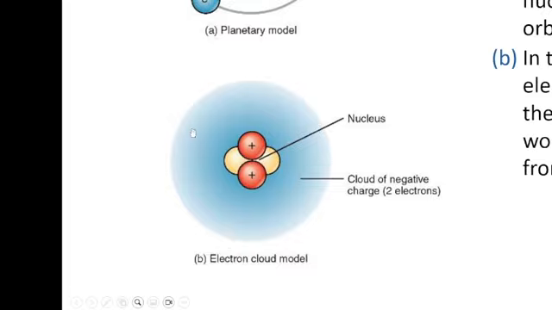As you can see here, we have first subatomic particle is the protons. So these are the positively charged particles. And next one is we have neutrons.